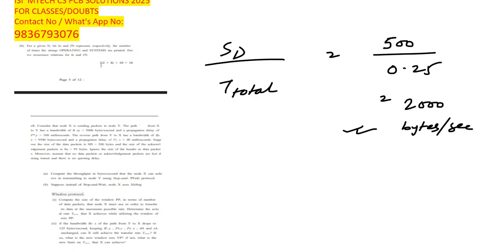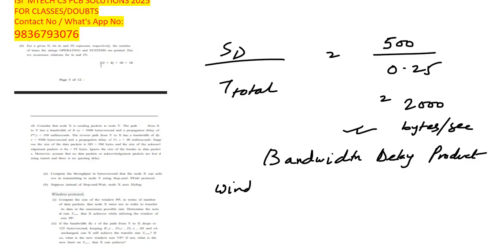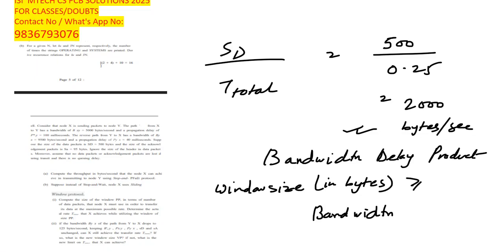So bandwidth delay product, BDP. So a sliding window achieves maximum throughput when window size in bytes is bandwidth multiplied by round trip time. Okay, so here for this calculation, what will RTT be?